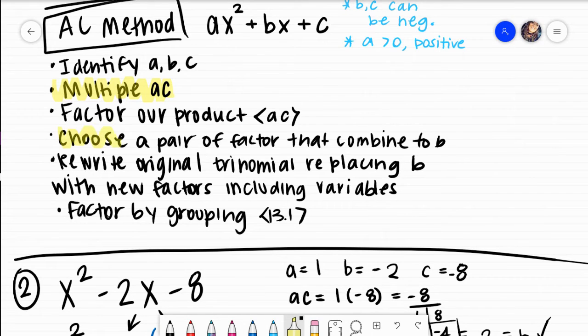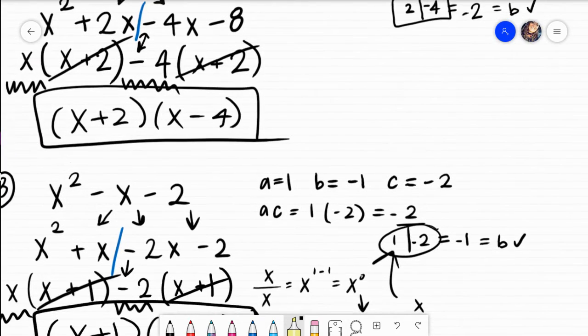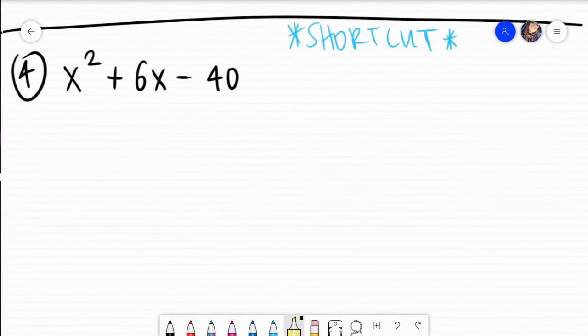Then we also needed to choose a pair that could combine to our B. So there are 2 stipulations that have to be true when doing the AC method: we have a product that we got from multiplying A and C, and the pair also combines together to equal our B. That's going to comprise our shortcut.